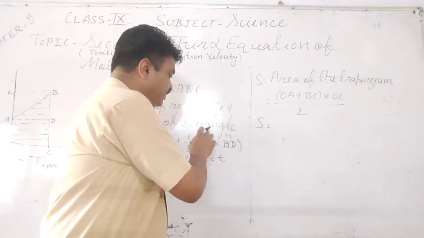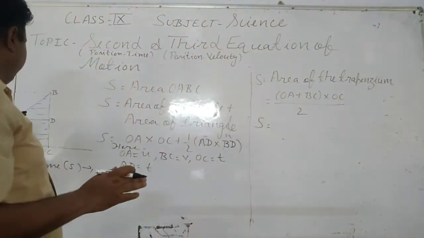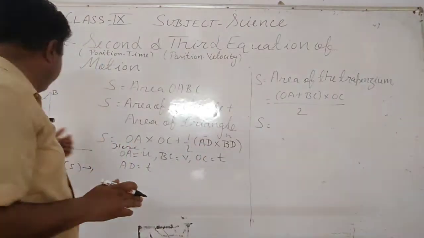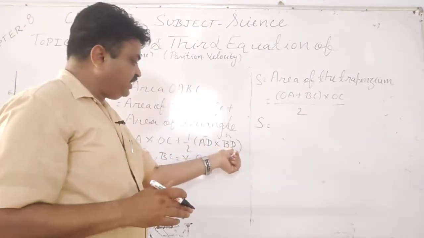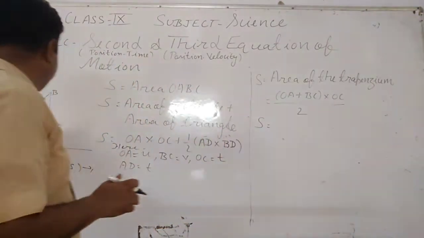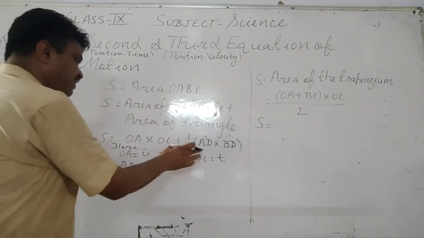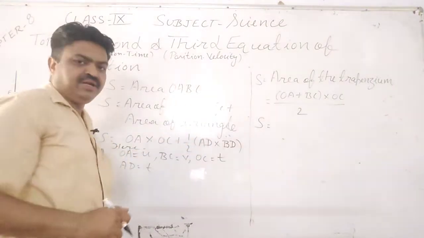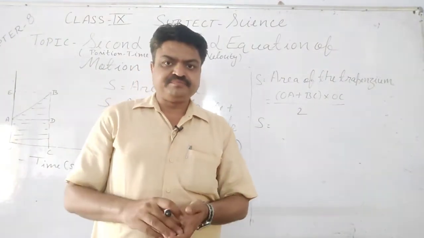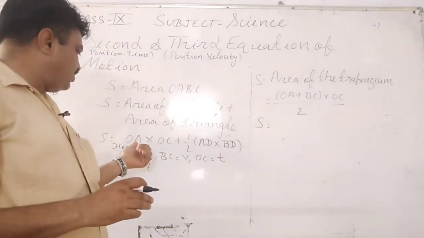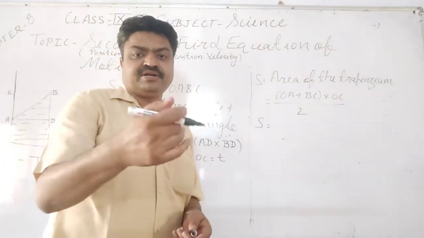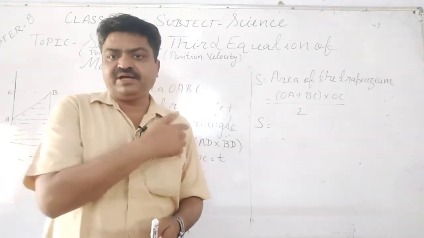Base is AD, and BD is the height. In this way we will represent the formula of the trapezium. Now with the help of these points OA, OC, we write the physical quantities that we are getting.